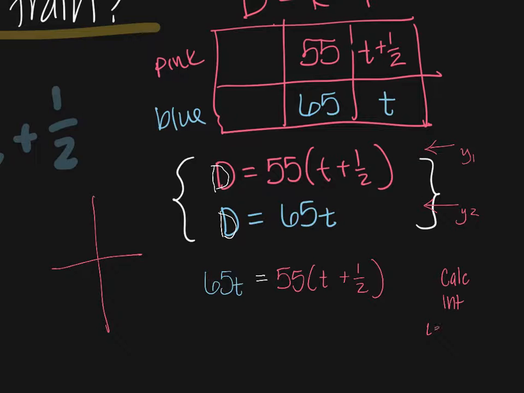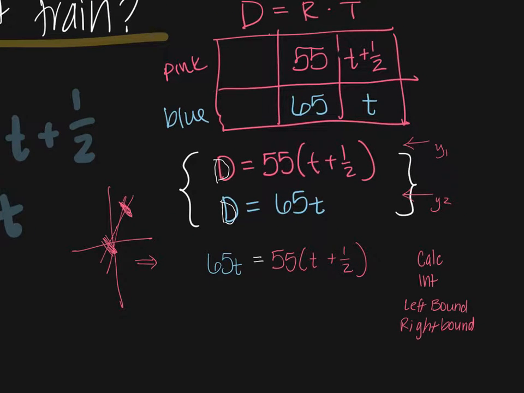It's going to ask for your left bound, and you want to go, let's say they intersect roughly here. You're going to want to move your cursor down to about this area to give it a left boundary. And then it's going to ask for right bound, and you move your cursor up and you press your cross arrow until you get a cursor on this side of your intersection. And then you hit enter for OK, and it will give you the point of intersection.